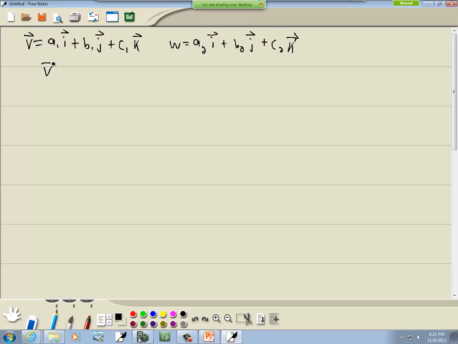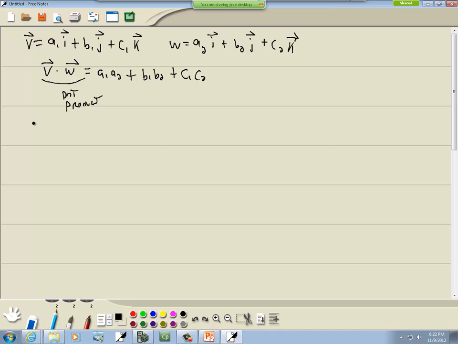Now our dot product of the two vectors, we multiply the numbers before the i's, so we got A1, A2, plus, and then you multiply numbers before your j's, so we got B1, B2, plus C1, C2. And this is our dot product.